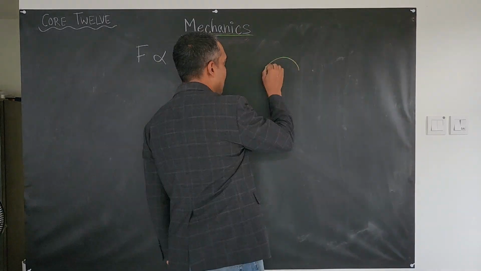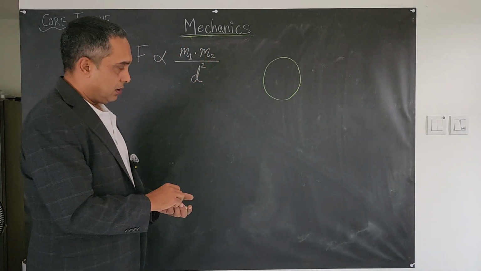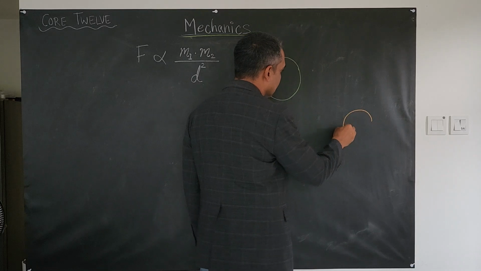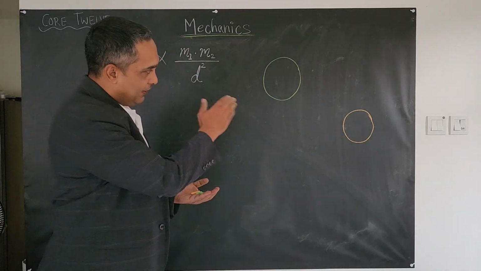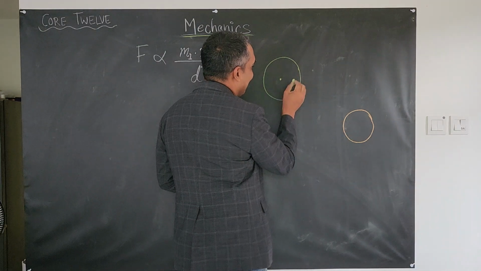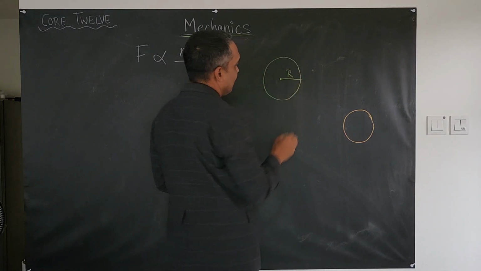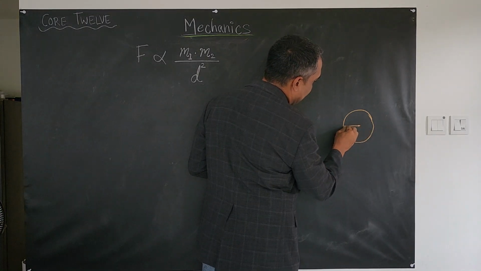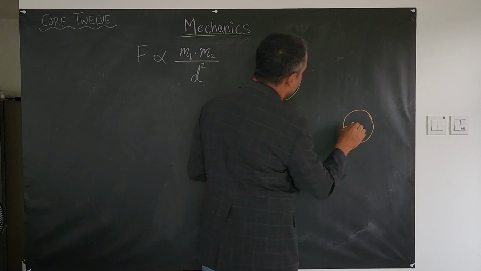So I have here, let's say, the Earth, and I have here, let's say, the Moon. The scales are not similar, but I want to state that this is the radius of the Earth, capital R, and this is the radius of the Moon, small r.